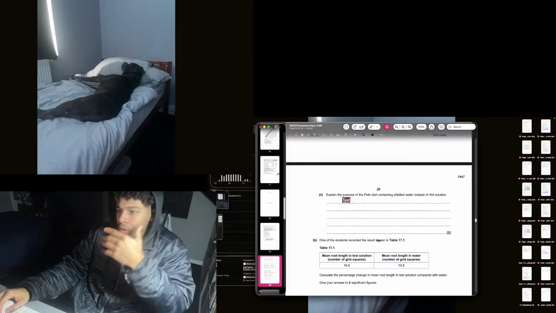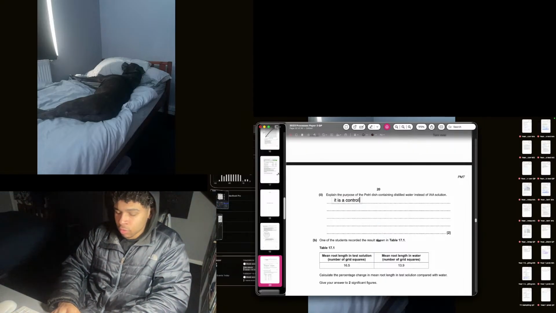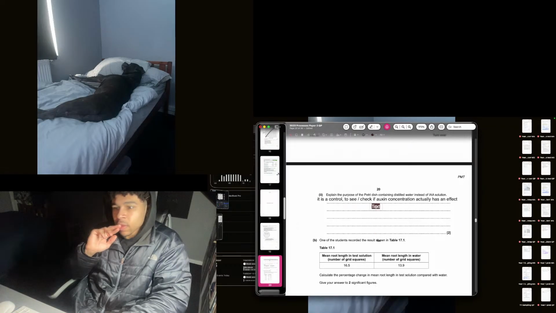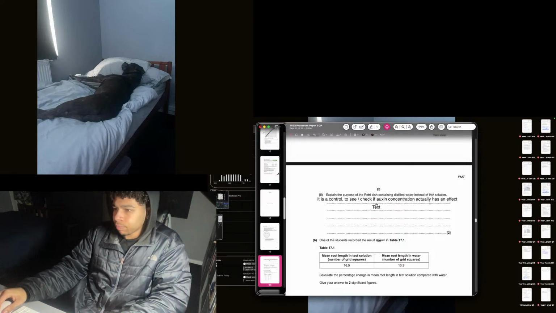Okay, it is a control to see, check if sucrose concentration actually has an effect. I think that's it. I can't.